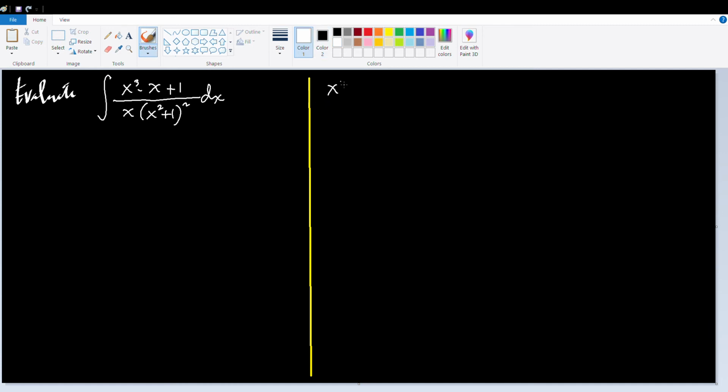So x cubed minus x plus 1 all over x times x squared plus 1 squared equals a over x, one partial fraction for the linear factor x, plus, we go to the quadratic factor x squared plus 1, b times the derivative of x squared plus 1, which is 2x, plus another constant c, all over x squared plus 1.